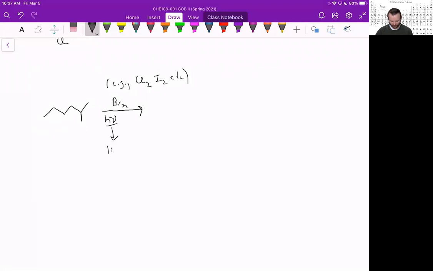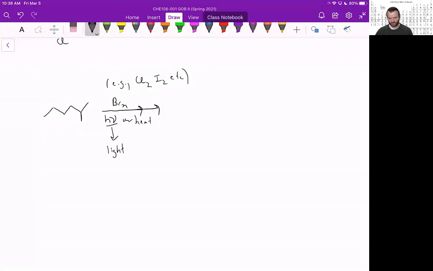That's the symbol for light. Okay, like ultraviolet light, UV light, or heat. You heat the mixture. And those are the reagents that you use for brominating or halogenating an alkane.